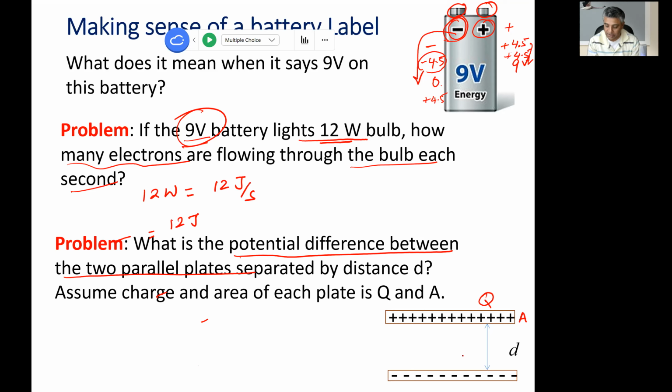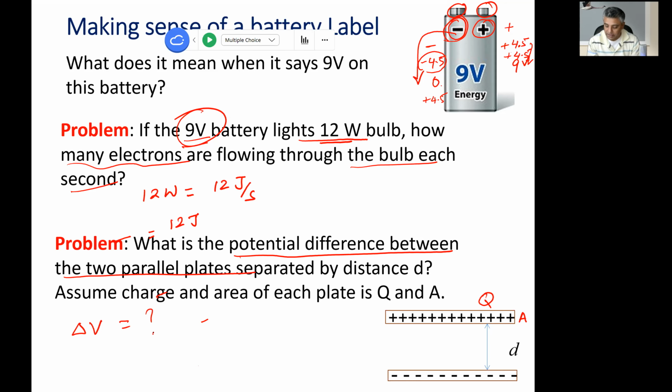And the separation distance is D. Okay, so we are looking for a potential difference between these two. So how do we do that?